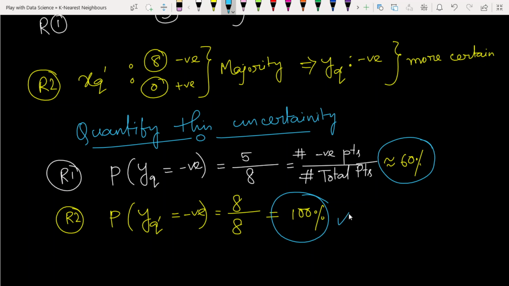This concept of certainty, how certain we are about our class labels, is very applicable in real practical machine learning.